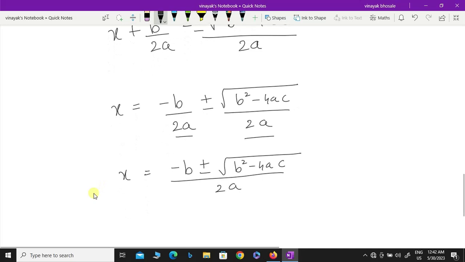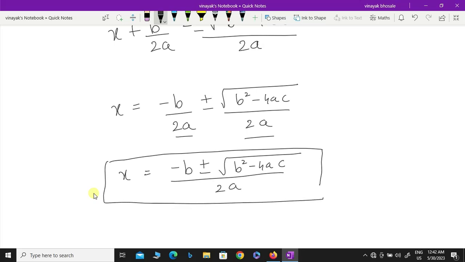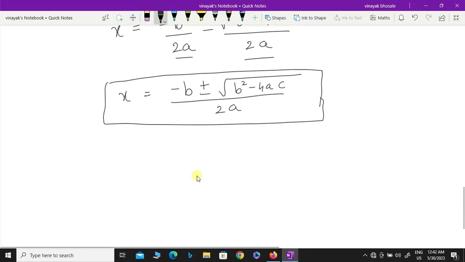Okay, so this is the quadratic equation formula. This formula will give you both the roots of the quadratic equation. If you split this term and you're trying to find both the roots, then you have to use this formula. So this is the general formula.